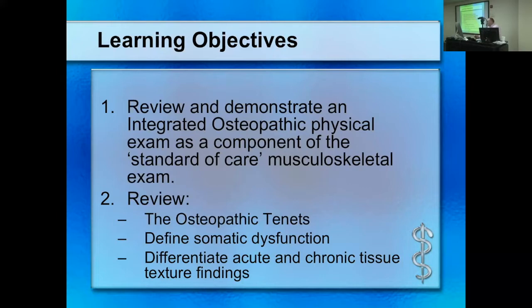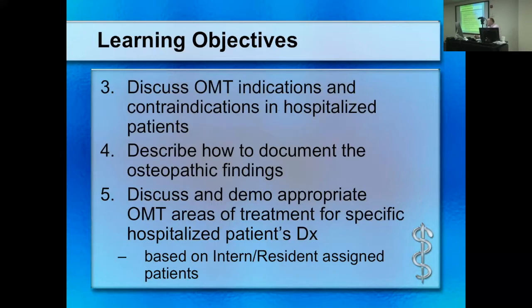The difference between acute and chronic, indications and contraindications, how to document your findings, because remember, if it ain't on the chart, it didn't happen. Discuss and demonstrate areas for specific hospital treatments.